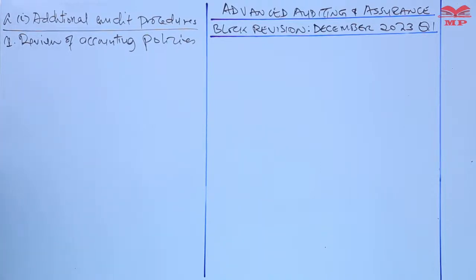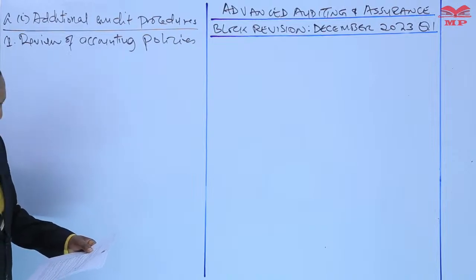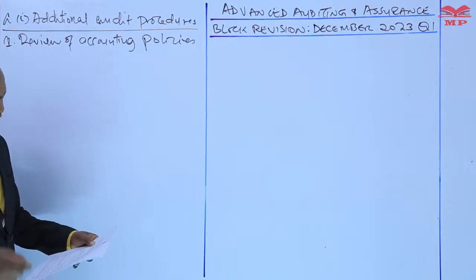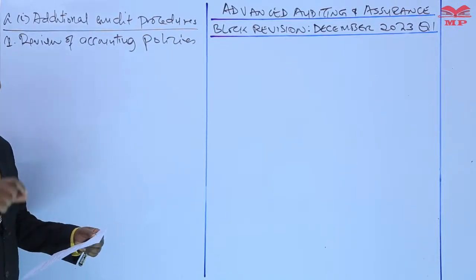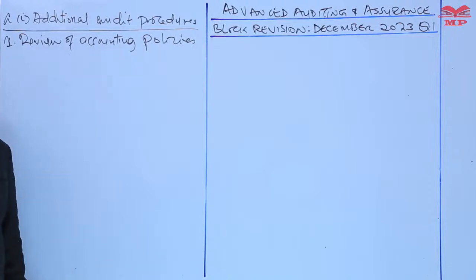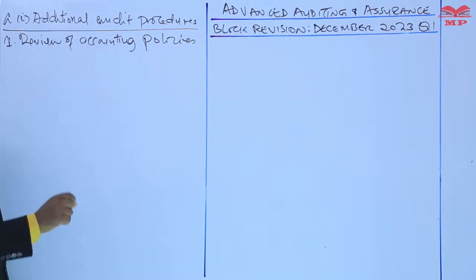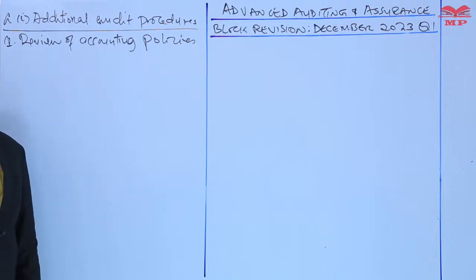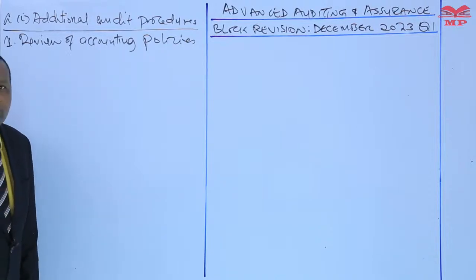And therefore, given that there is a problem on the buildings, we've read that the audit has been completed, but there is a matter that has not been resolved on depreciation of buildings. So the auditors ought to review the accounting policies related to buildings.